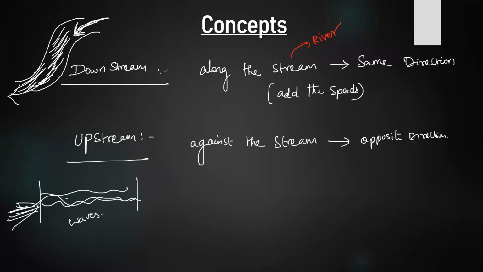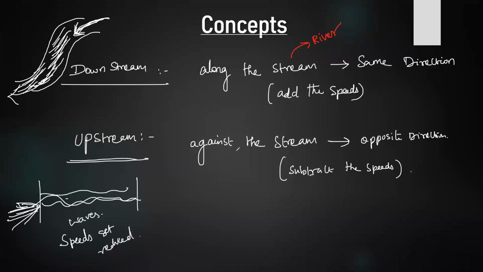If you play in the waves, whatever speed you have, if you move into the waves, the speed will get reduced once you are inside the sea. Here it is the opposite direction, we are running into the sea, so speeds get reduced. So in the same direction we add the speeds; similarly for opposite, subtract the speeds. This is the difference between the train problem and the boat problem.